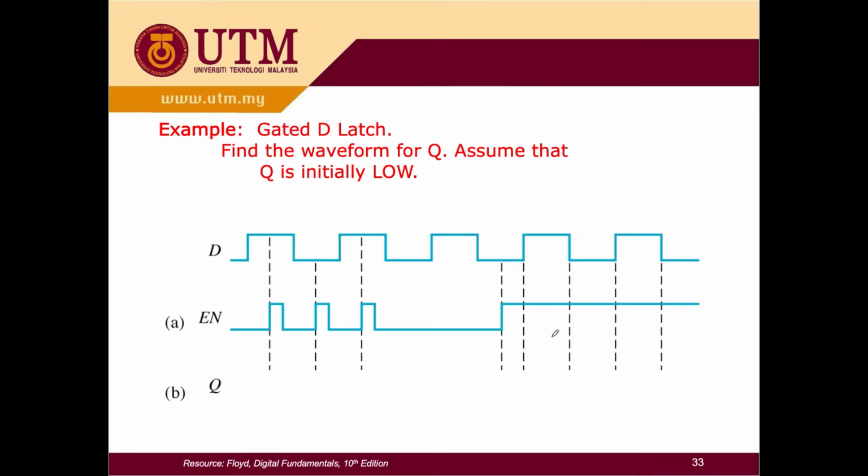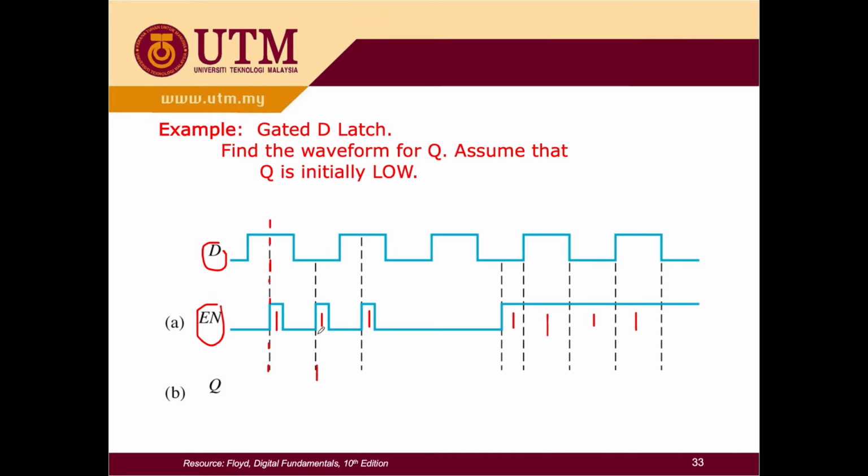So this one is the example for your gate D latch. You can see over here you have the input D, and you're going to look at your EN only. If the input EN is 1, you look at your input D. So whenever, you draw a dotted line like this.